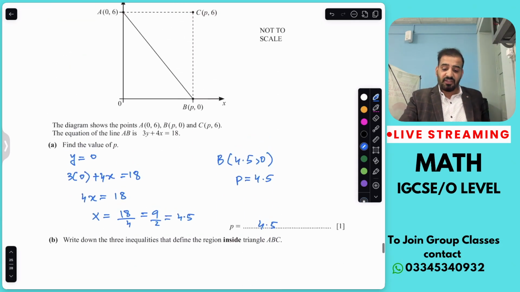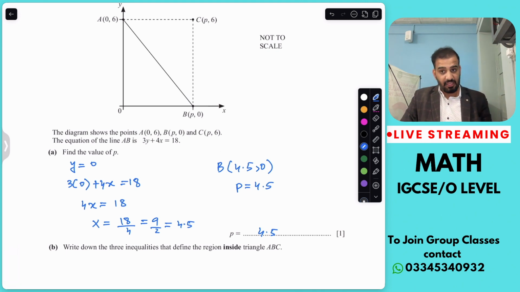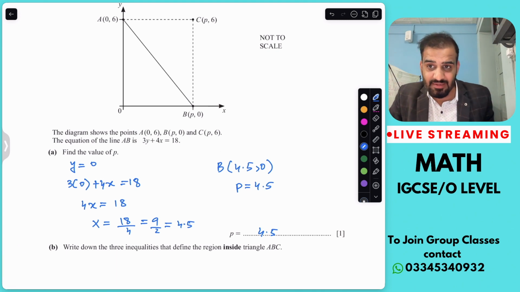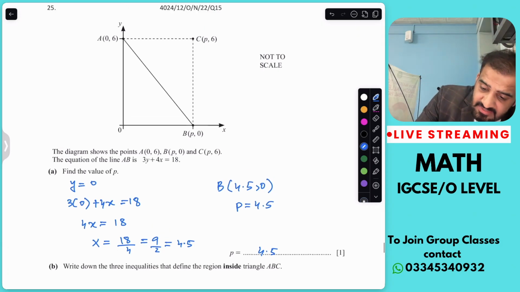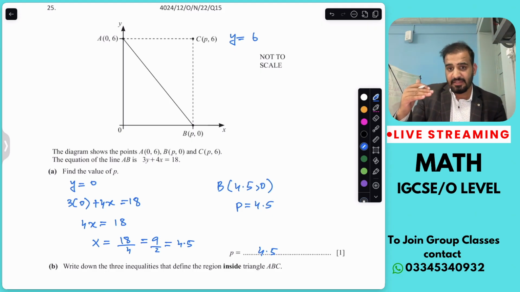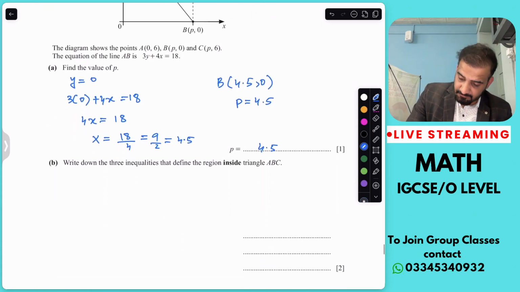Write down the three inequalities that define the region inside the triangle ABC. Inside means inequality. So first of all, let's write the equation. This line is a horizontal line, which is y equals 6. So the triangle ABC is below the line, which is y less than 6.